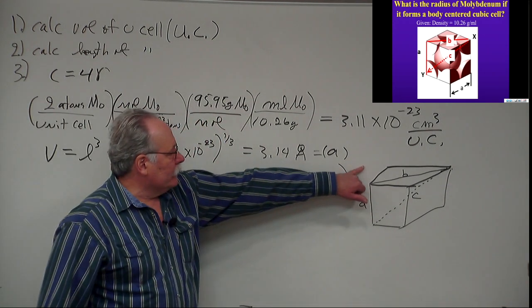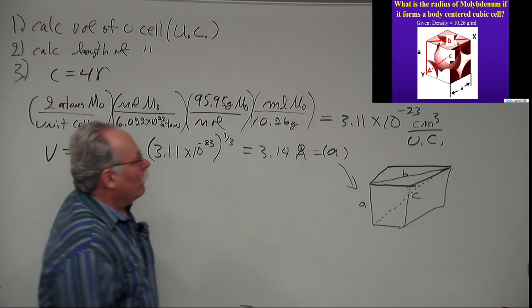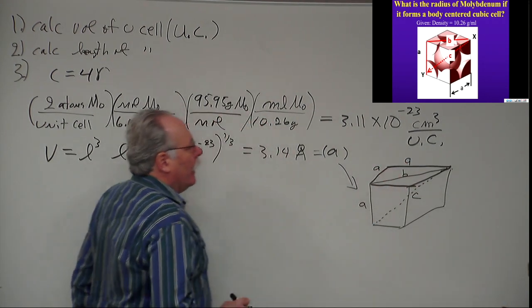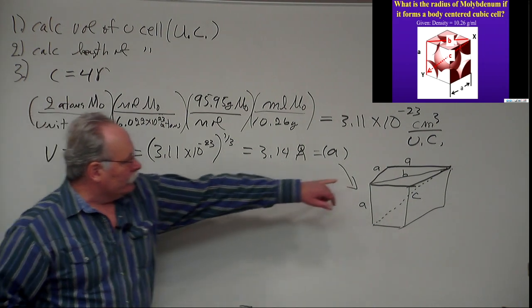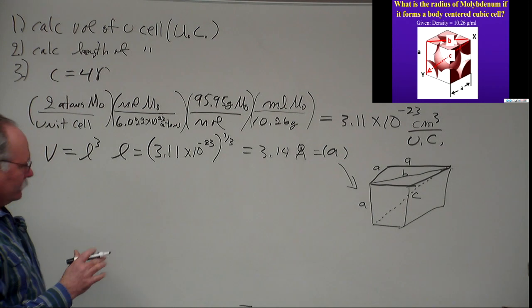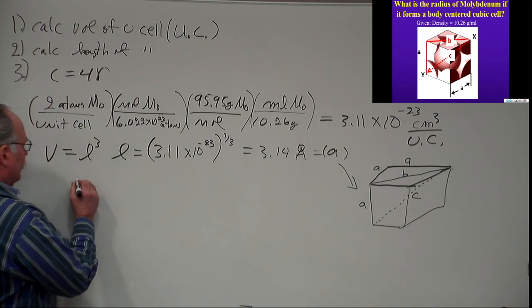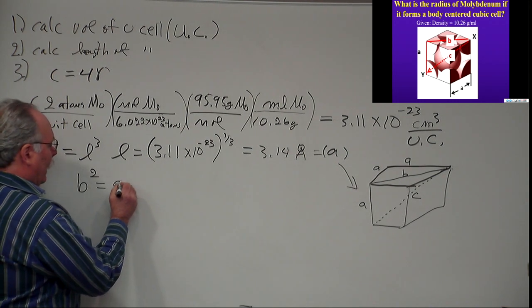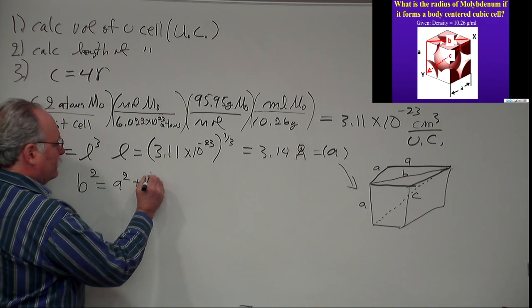Now we need to calculate B, okay? What we know is that we have on the face a right triangle, where B is the hypotenuse across the face, the diagonal across the face. So we can say B squared equals A squared plus A squared.